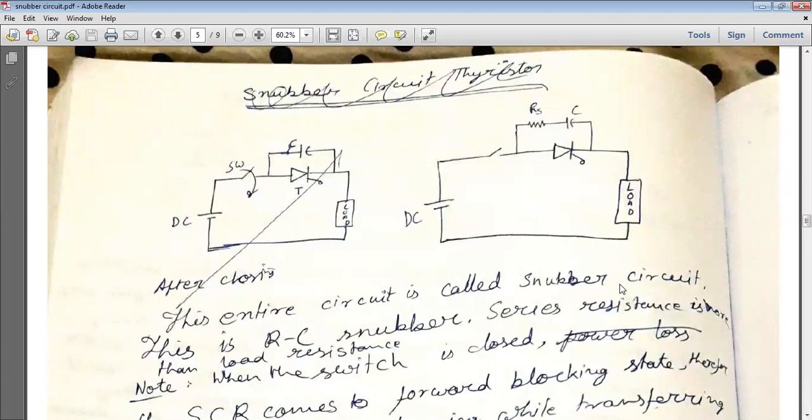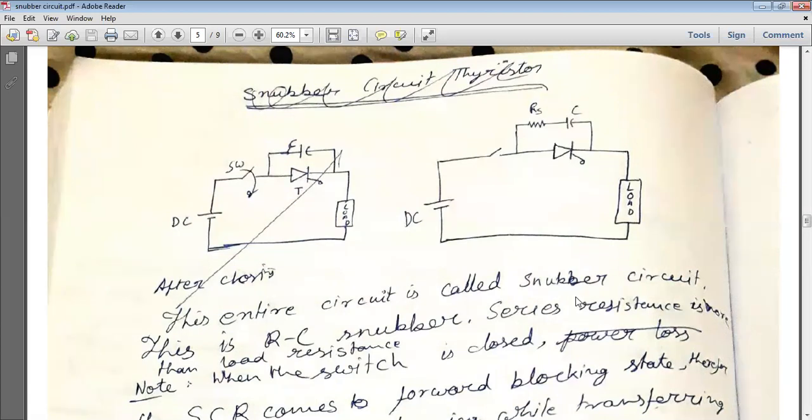This entire circuit is called a snubber circuit. This is the RC snubber circuit. Series resistance is more than the load resistance. Clear? When the switch is closed, the SCR comes to forward blocking state. Therefore, the capacitor is now charging while transferring current to the load. When the SCR is triggered, it will act as a short circuited path.